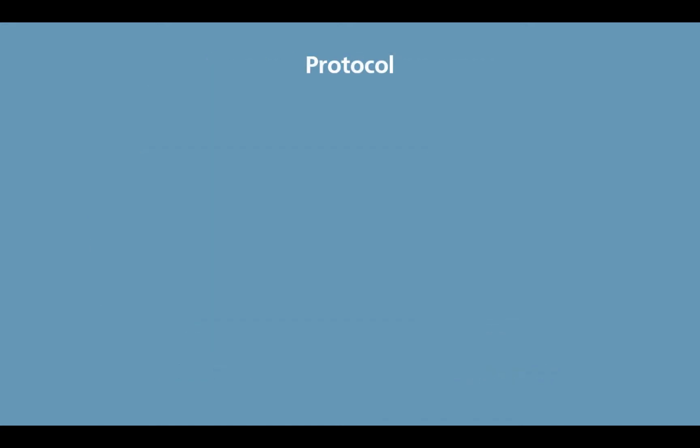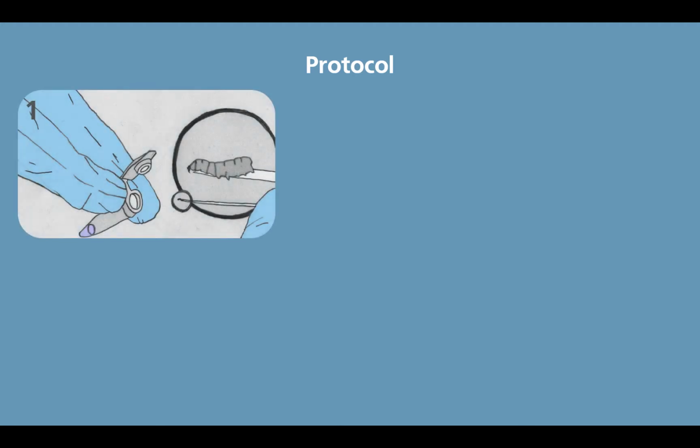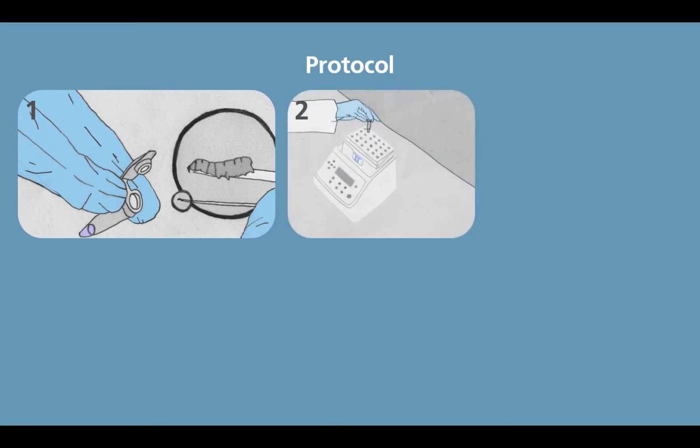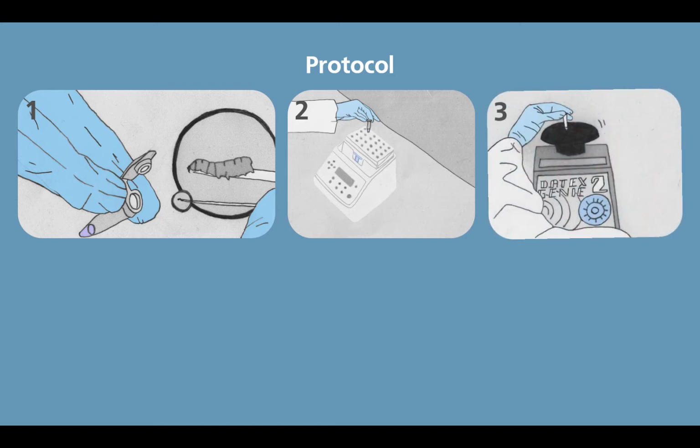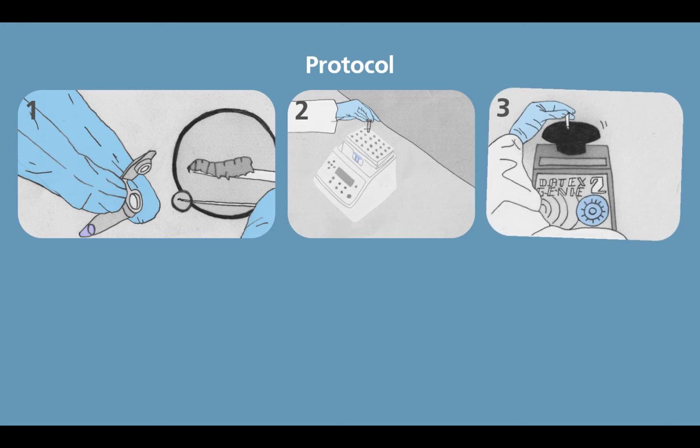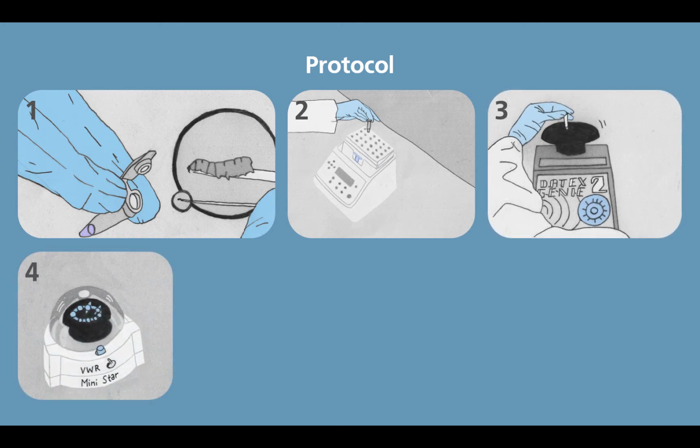The test protocol is designed in an easy manner. In a first step, the insect specimen to identify is transferred into an alkaline DNA extraction solution, which is heated up to 95 degrees Celsius for 5 minutes in a heat block. The DNA extract is then quickly mixed on a vortex, followed by a short centrifugation step to remove any liquid from the lid of the tube.